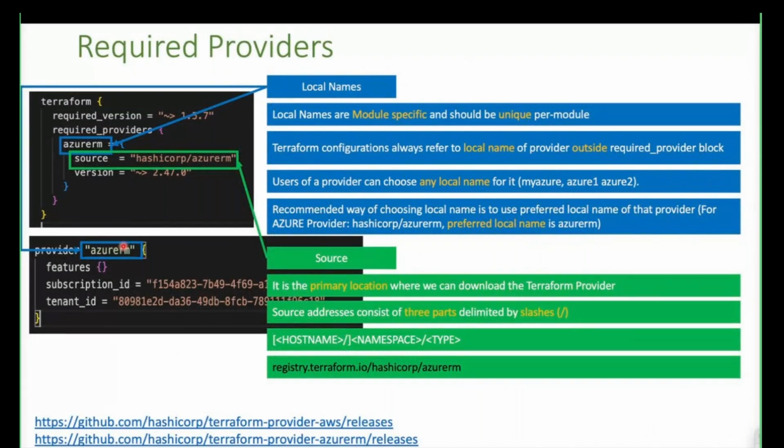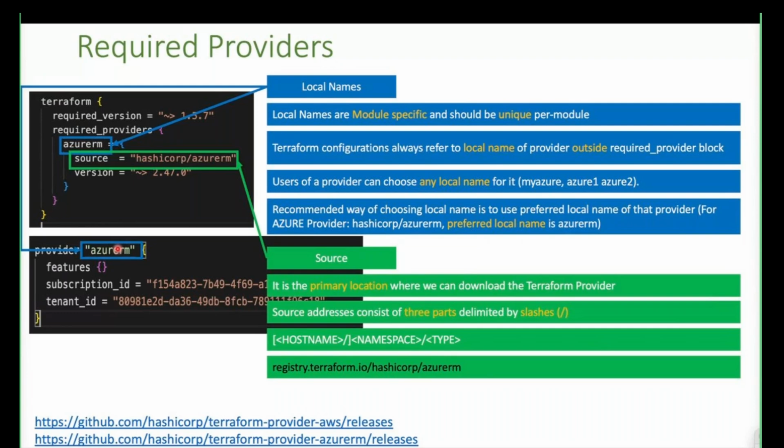Okay, how to use the provider block? See, provider is a block type. You have to mention provider. After that, it has one label. This label can be anything. Can be anything means, see here in required providers, if you mention azurerm equal to, then this is the name you have to mention here.